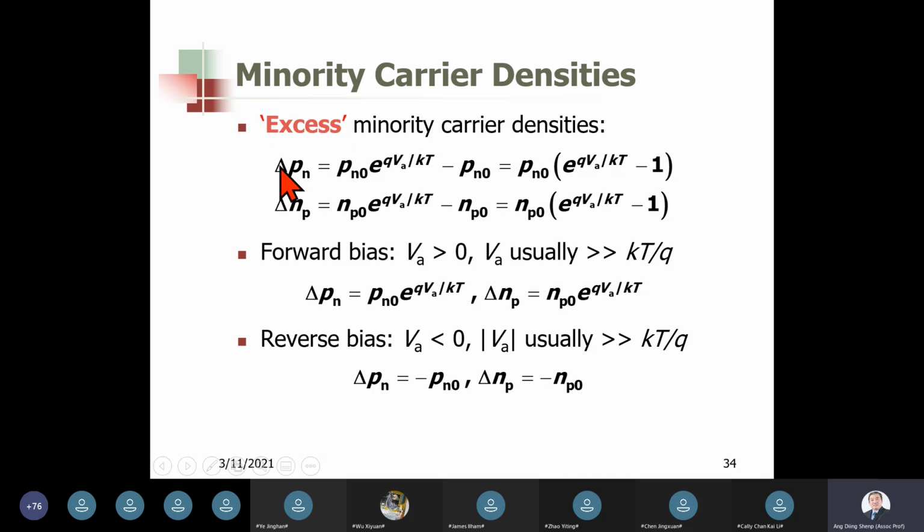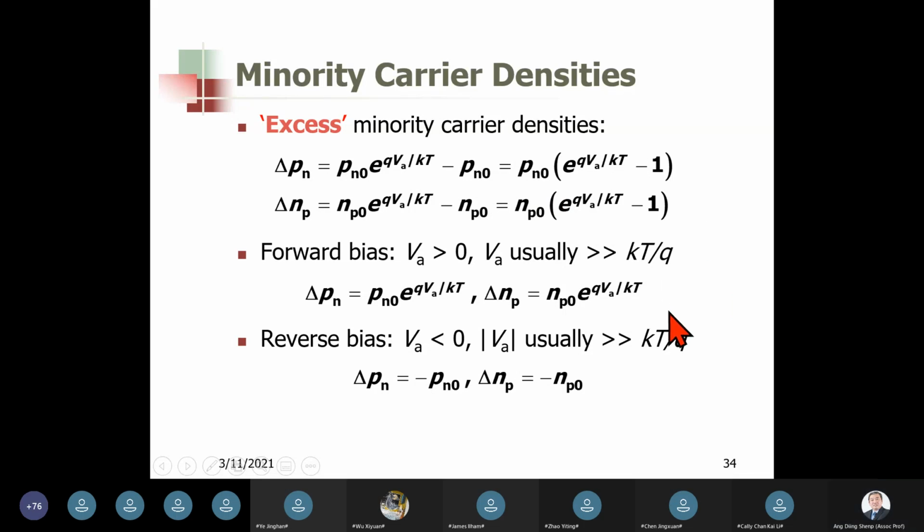So the change in the hole concentration at the edge of the space charge region on the N side can be written as the new value under external voltage bias minus the value at thermal equilibrium. It's simple algebra, so you can get this expression. Similarly, the change in the electron concentration at the edge of the space charge region on the P side can now be expressed like this.